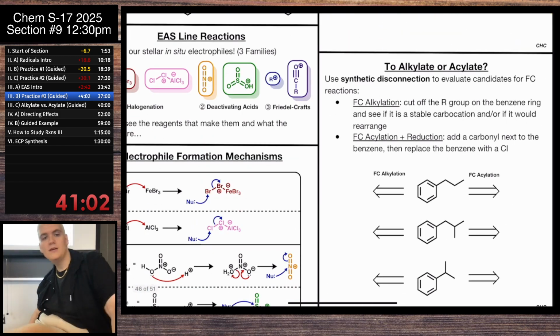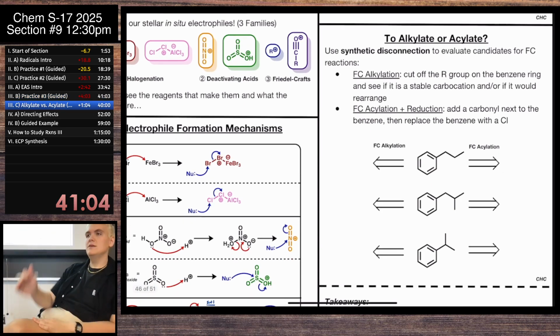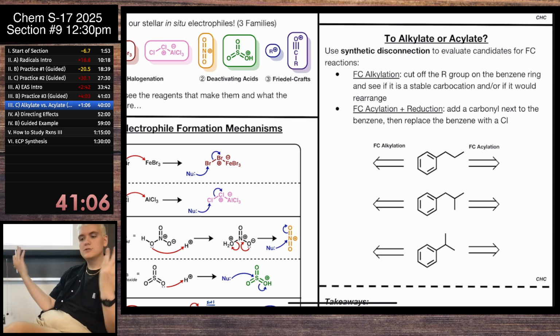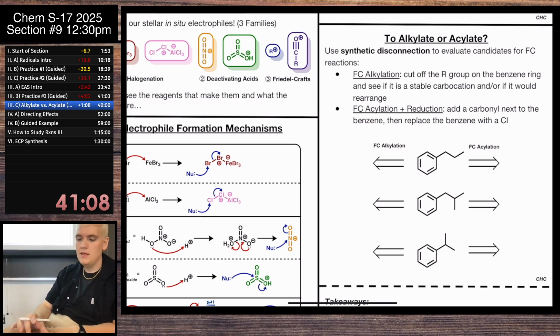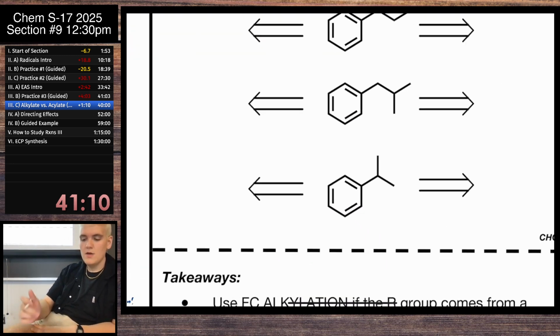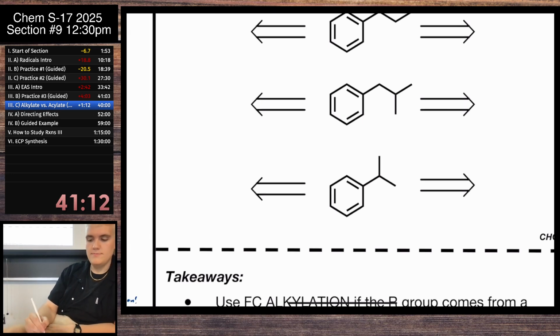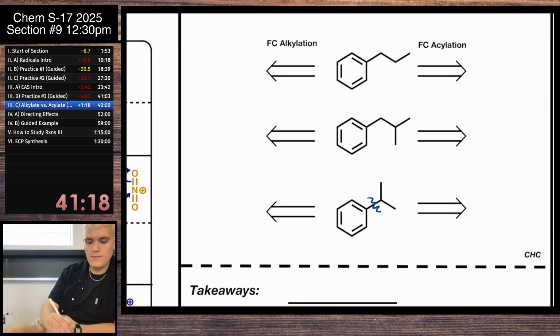Now, asking the question to alkylate or to acylate, one thing that we can do is think backwards. So let's start off with this bottom one. If we thought backwards on this one, we could cut here, and on the alkylation side, we could make this alkyl halide. Is that going to be a good SN2 option or an SN1 option?